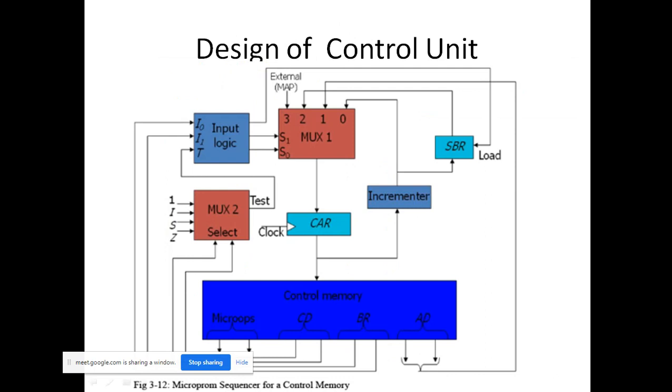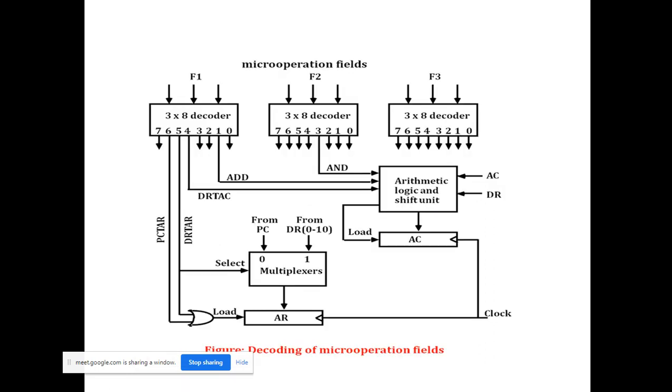Next, this is the design of the control unit. It consists of two multiplexers. Here this one is the decoding of micro operations.